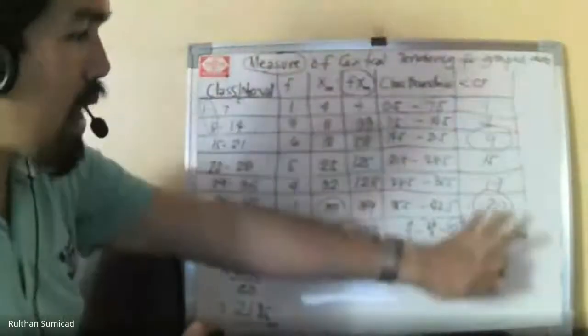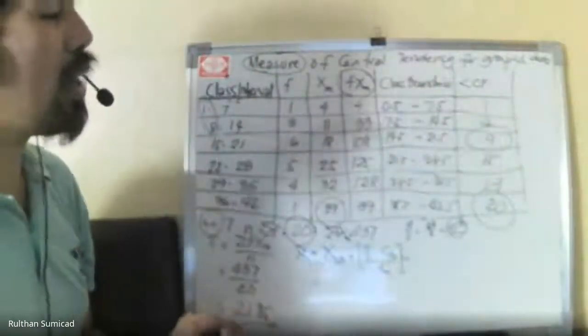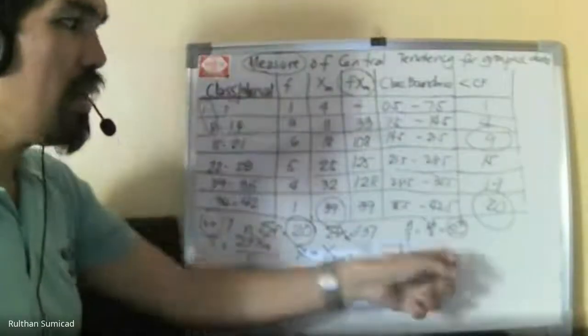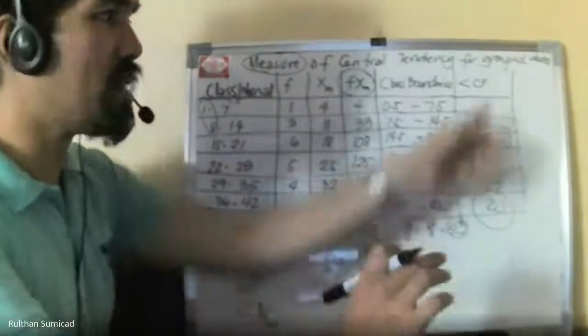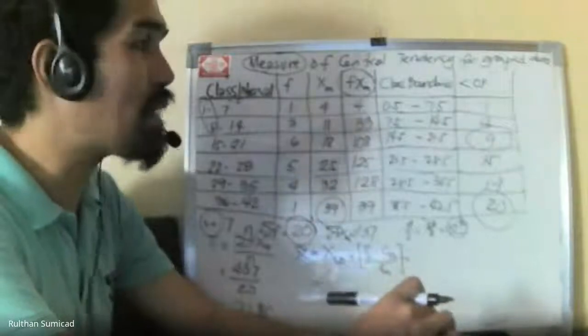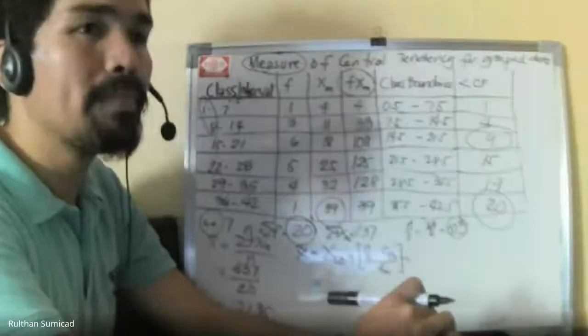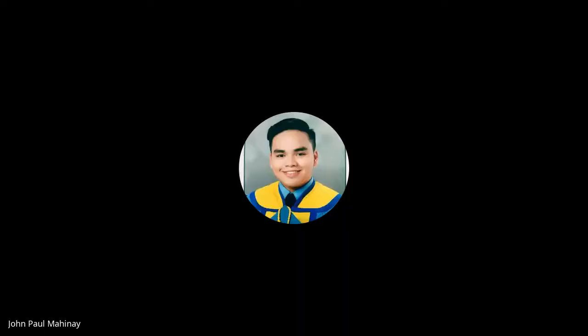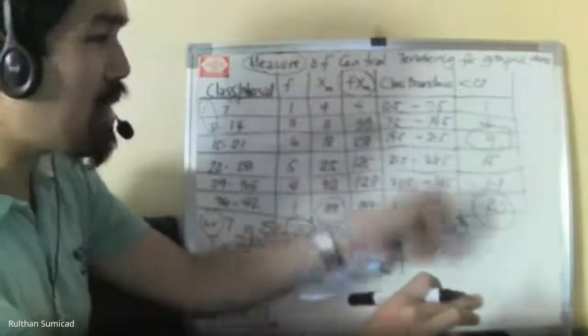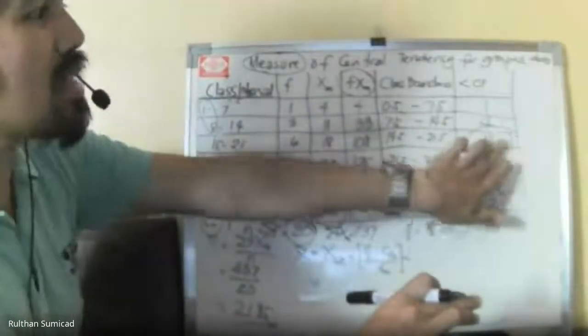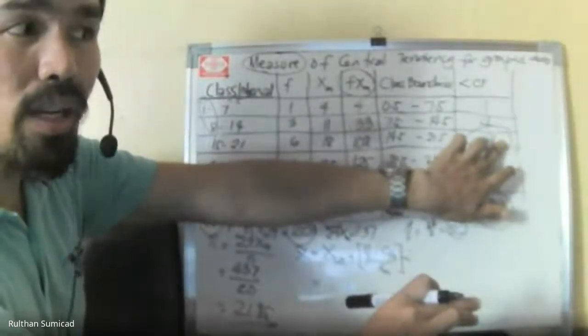Now, where do I look for 10? Which score do you think I'm going to consider if my n divided by 2 is 10? Nine, sir. Again, I said the next closest. If this is 10, take note this is not yet 10. In short, it has not yet reached it. 15, sir. Okay?